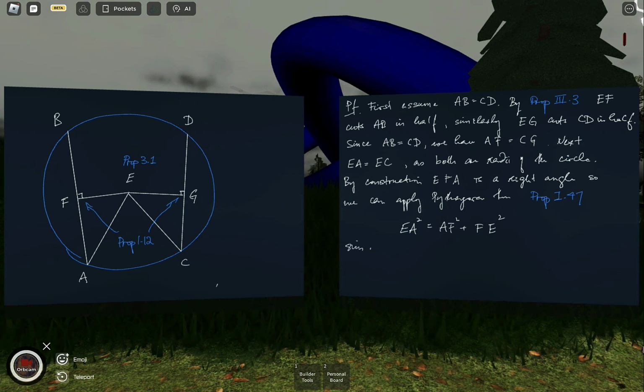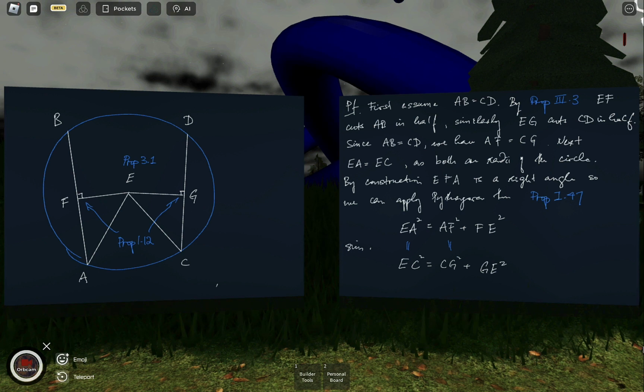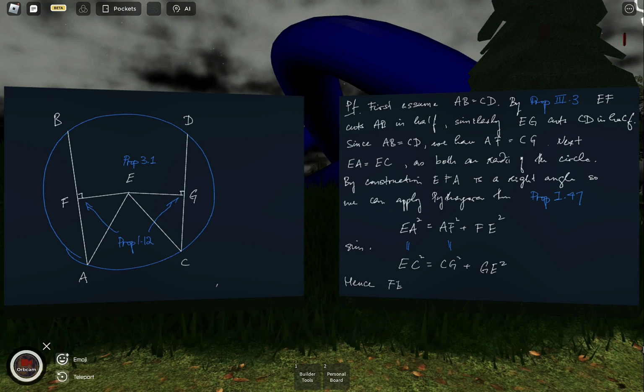Similarly, we do it for the other triangle, and we get EC squared is equal to CG squared plus GE squared. And of course, we just established that these two are equal and these two are equal. And so the remaining term has to also be equal. Hence, FE squared is equal to GE squared.